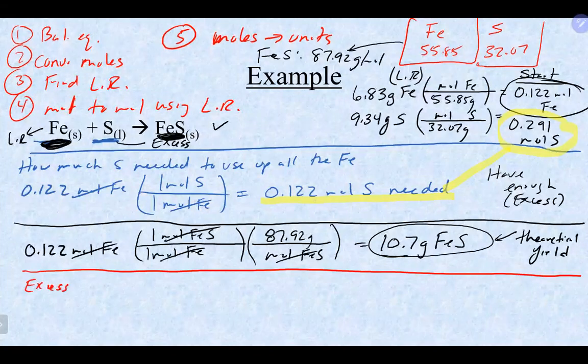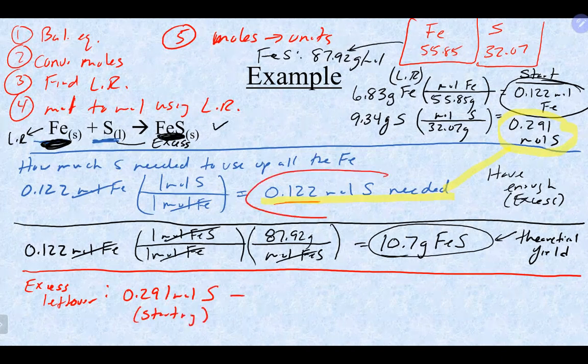We know that we are starting with 0.291 moles of sulfur, which is our starting amount of our excess. We know from this calculation that we would need 0.122 moles of it to use it all up.